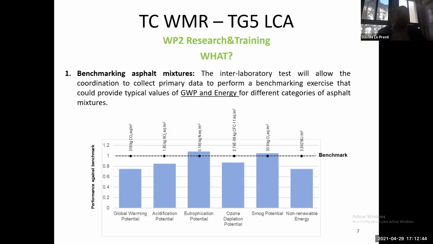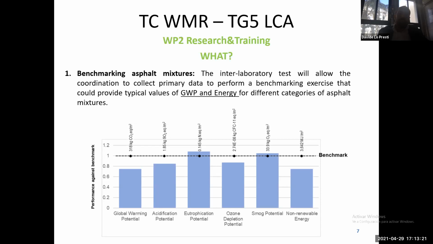These asphalt mixtures are used for wearing courses, binder courses, or base courses, and their impact, at least in terms of global warming potential and energy consumption, the two parameters that we are considering, can be different, especially if we go deeper into the extraction of aggregate, transport, and manufacturing.